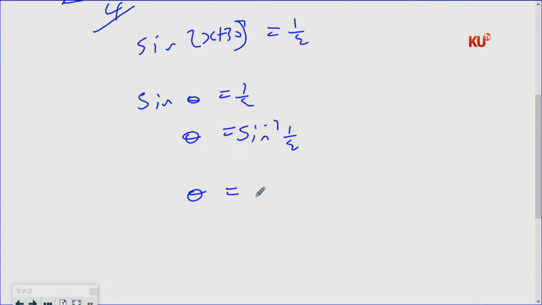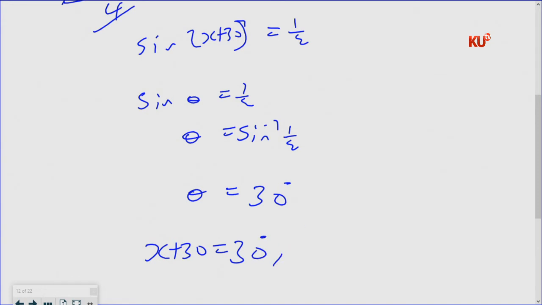So we have 30 degrees. That is our theta. Now we need to go back to the information we said we can do away with, which was x plus 30. So x plus 30 is equal to, the first angle that we are getting here is 30 degrees.